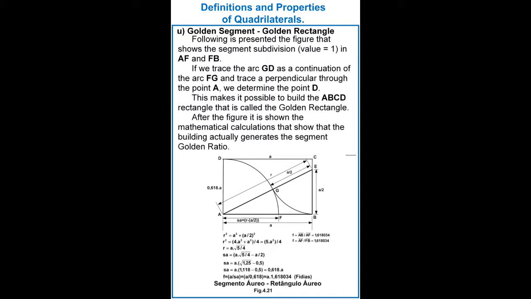Continuing with the construction process, a perpendicular is drawn at the point A. With center at the point A and radius AG, the arc JF is extended to point D, which is at the perpendicular raised at the point A. Thus, the rectangle ABCD is constructed.